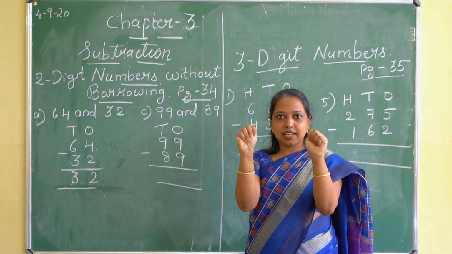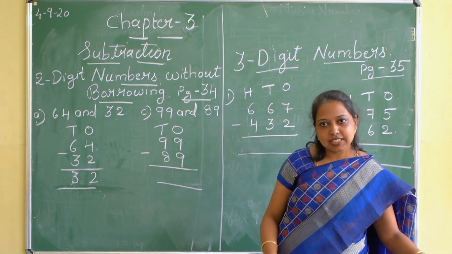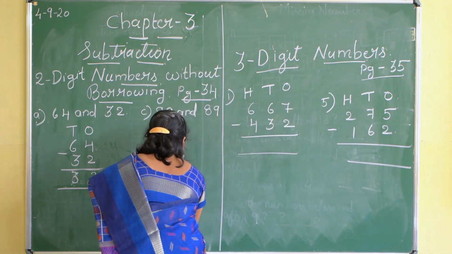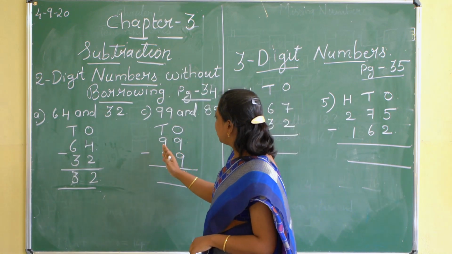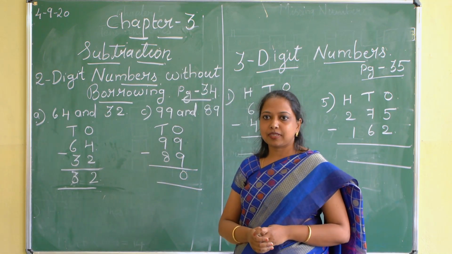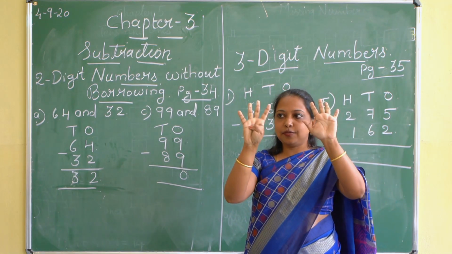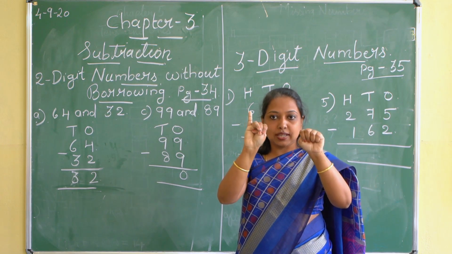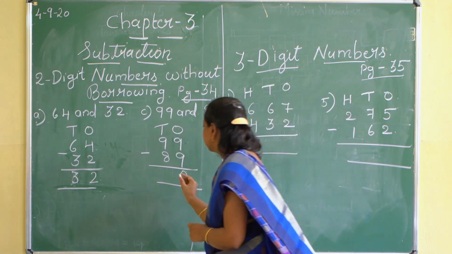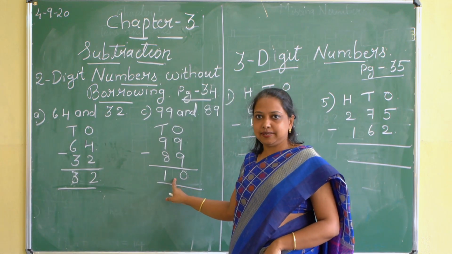See, I didn't get anything, means 0. 9 minus 9 is equal to 0. Now we go to 10's place. Take 9 fingers, fold 8 fingers. You got 1. Now you got the answer 10.